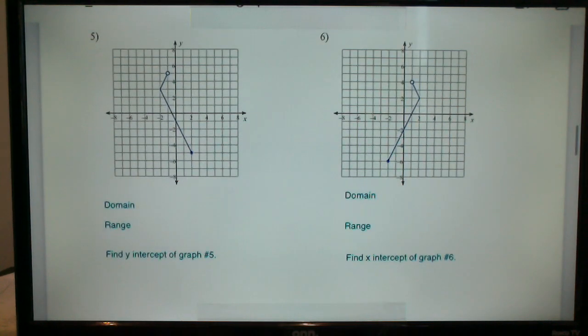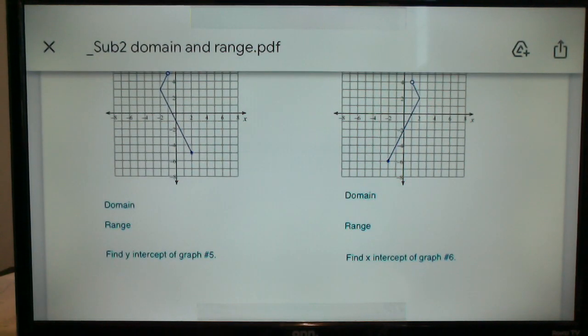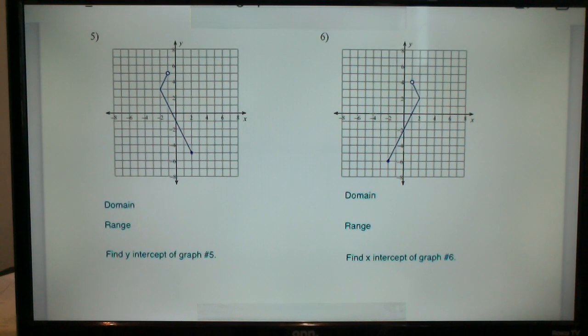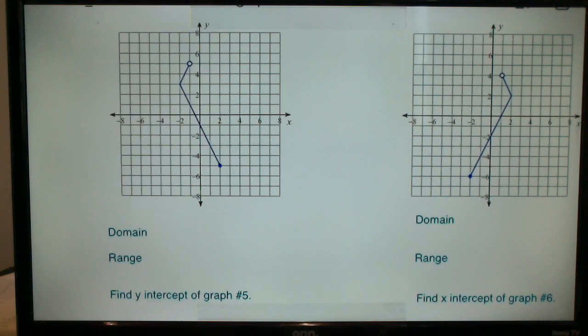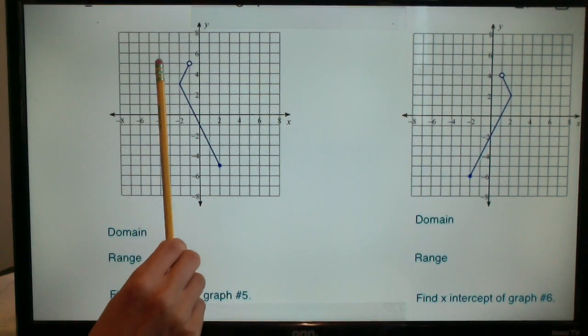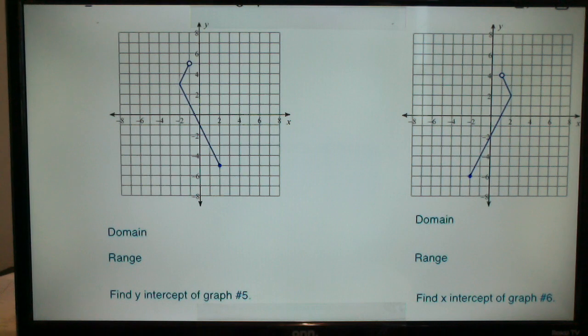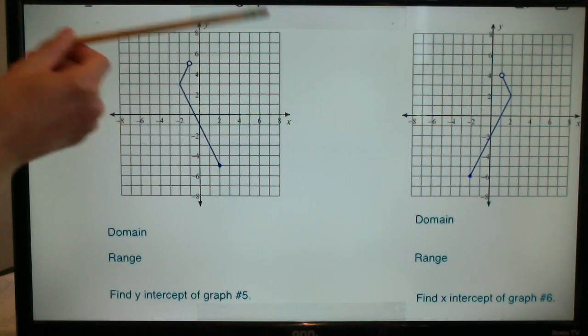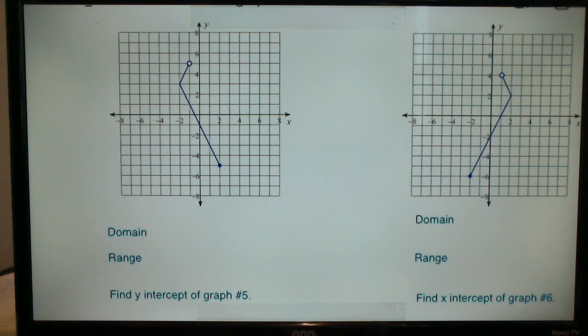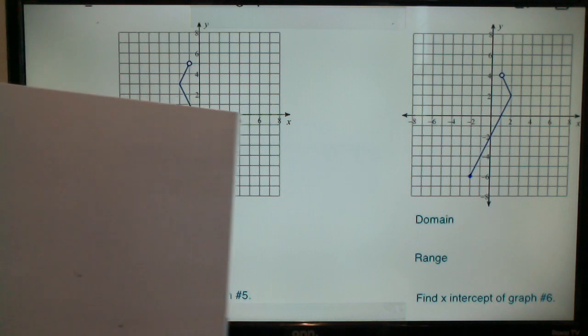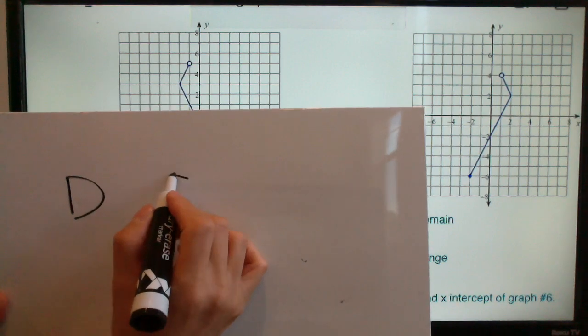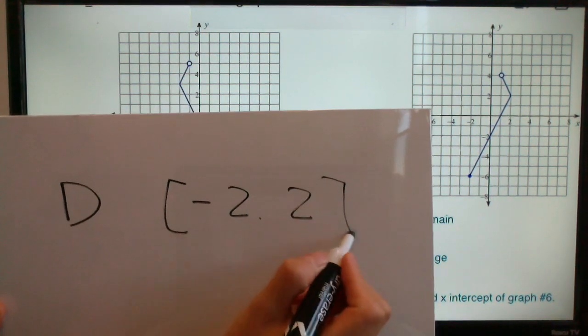So let's go to 5. Okay, so what's the domain? -2 to 2. And range, -5 to 5. So here, domain, -2 to 2.